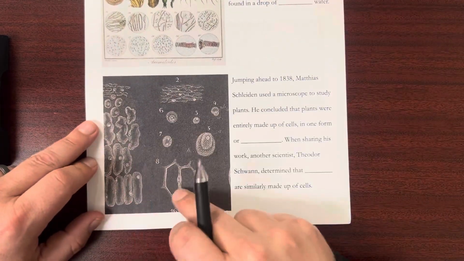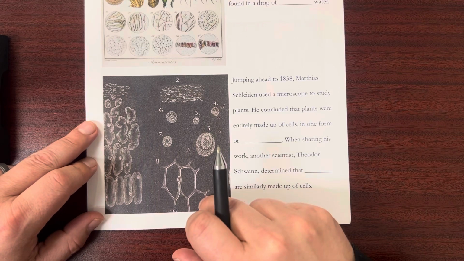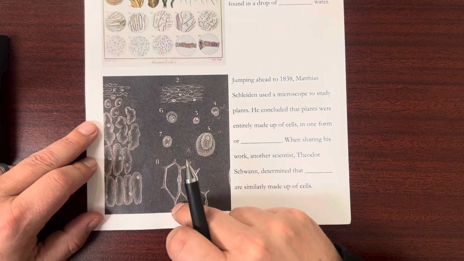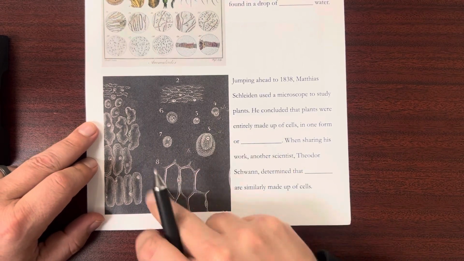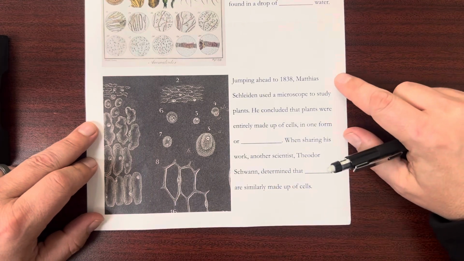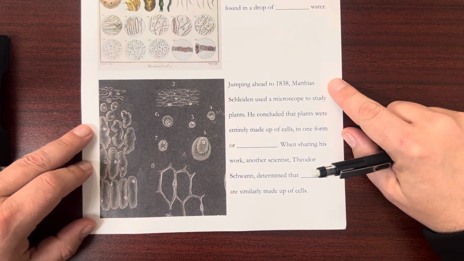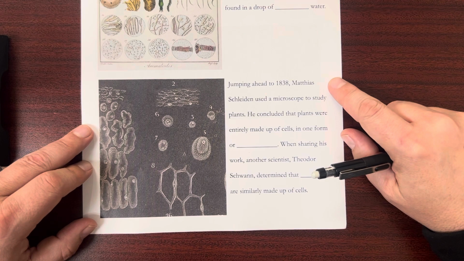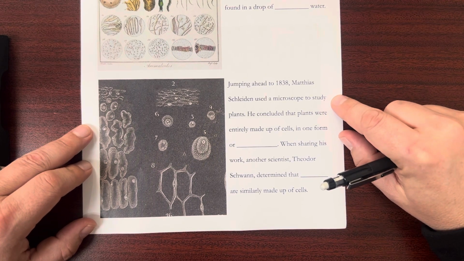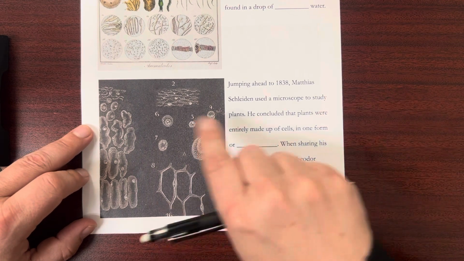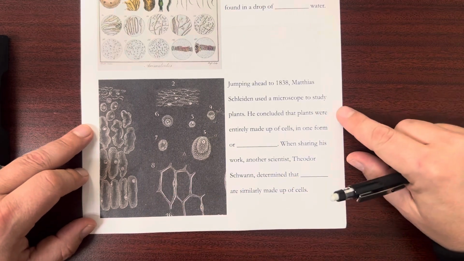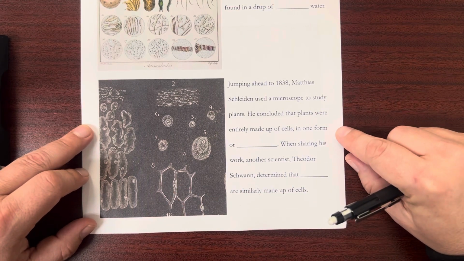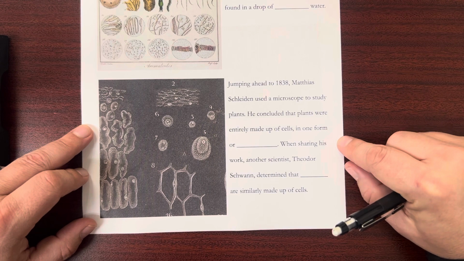And then we come down here to some more drawings, but this is actually going to be much later. So maybe like 150 years later now. Jumping ahead to 1838, Matthias Schleiden used a microscope to study plants. So we're back at looking at plants again. He concluded that plants were entirely made up of cells in one form or another.